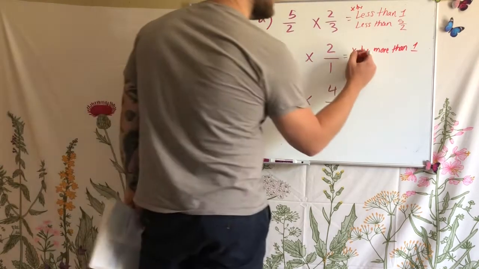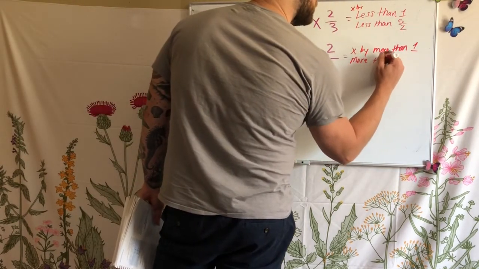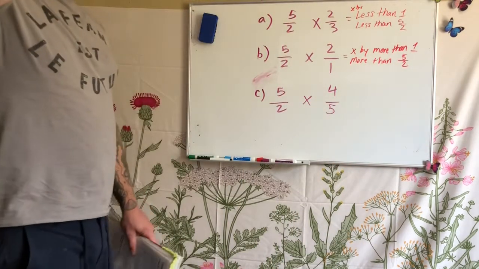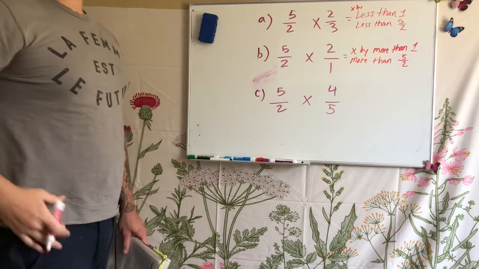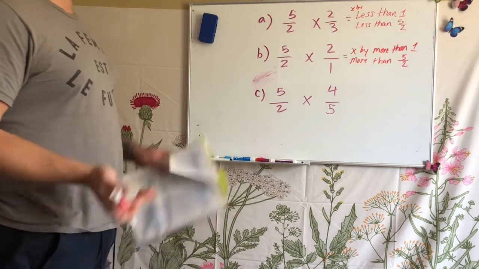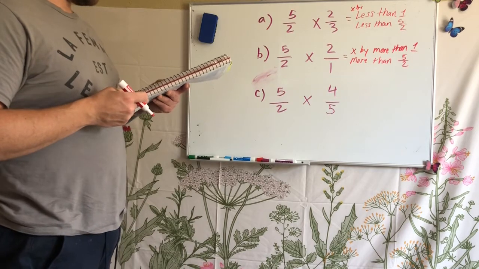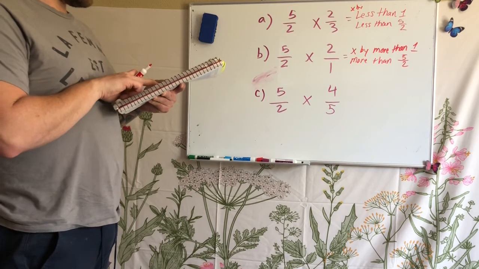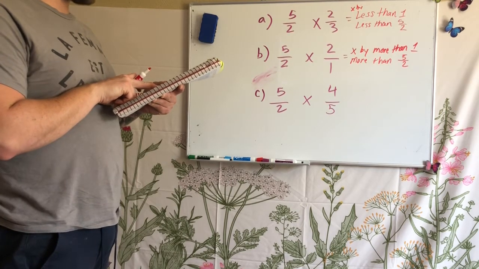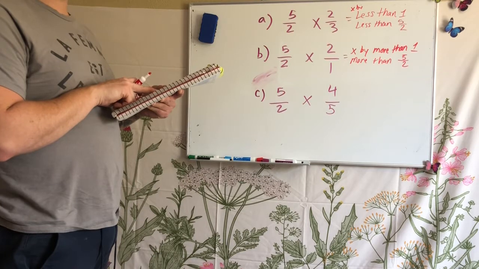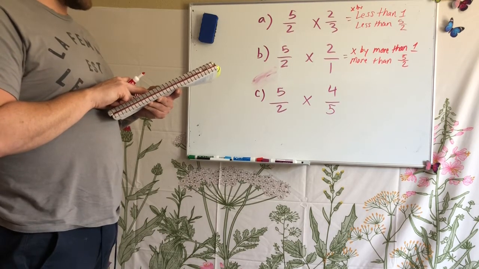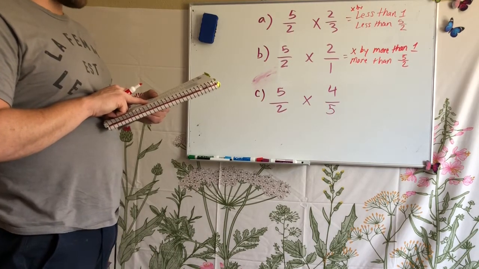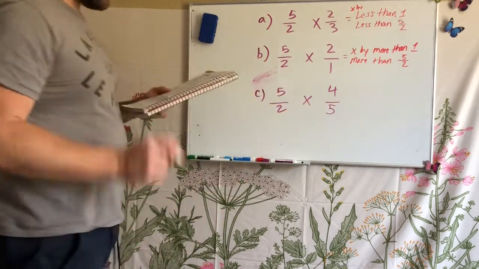Greater than. All right, read problem C. Pause the video. 5/2 times 4/5. Do you multiply by a fraction that is more than 1 or less than 1? Less than 1. So do you end up with more than 5/2 or less than 5/2? Less than 5/2, because that's a smaller one.